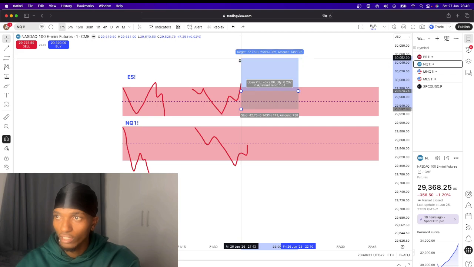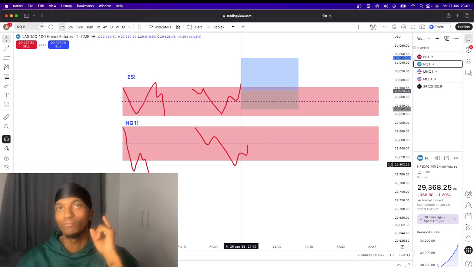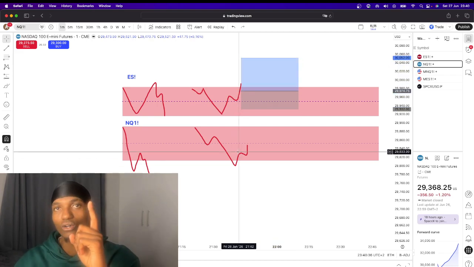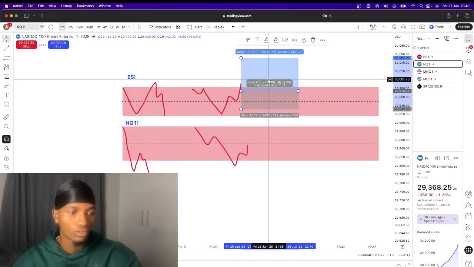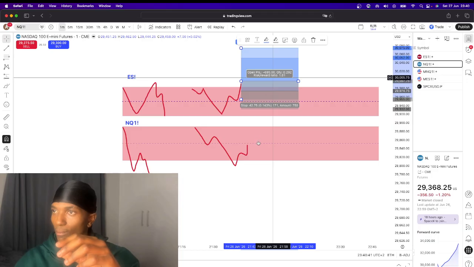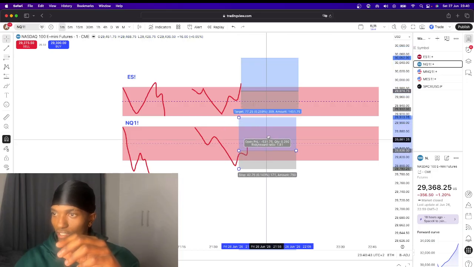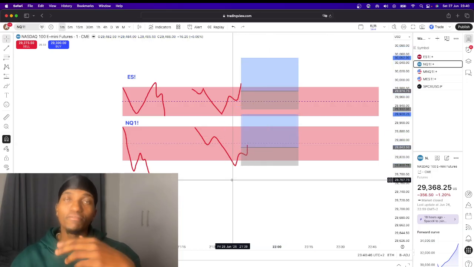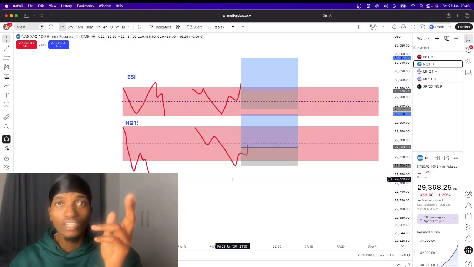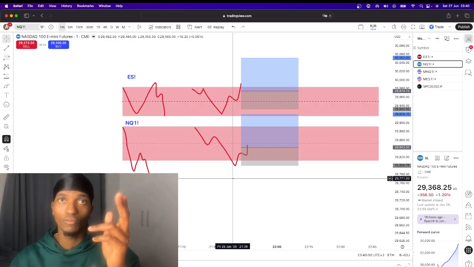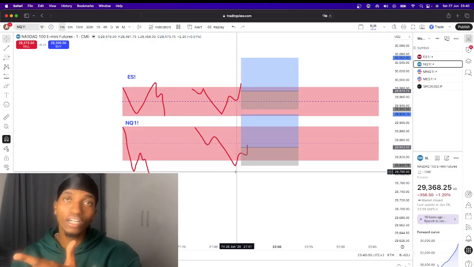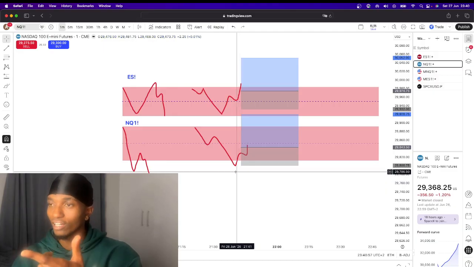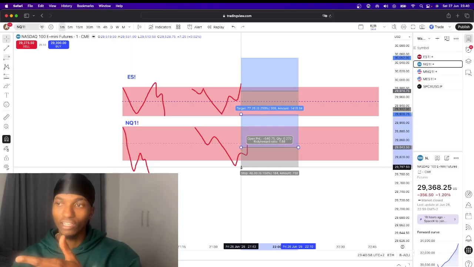And not here. Why? Because if you take it on the lagging index, meaning on Nasdaq, let's say you take this long here on Nasdaq, right? If the indexes decide to make some form of retracement, your stop loss is gonna be hit quicker, because you are trading on the lagging index.